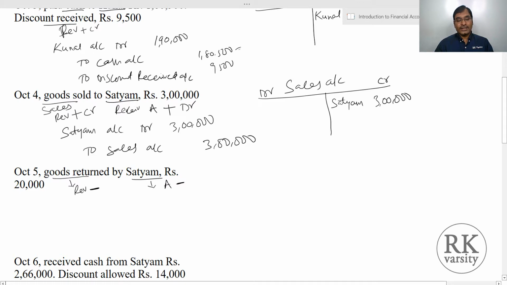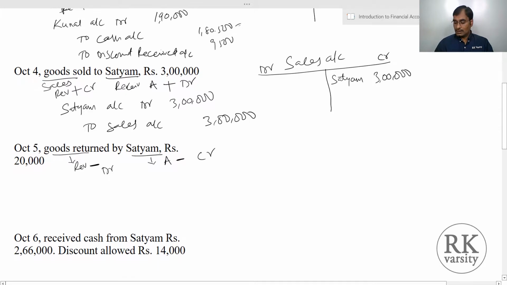So decrease in asset is credit, decrease in revenue is debit. Now what we do is we create a separate account for this, sales returns account, or we can say return inwards also, to Satyam account, and 20,000 here, 20,000 here.